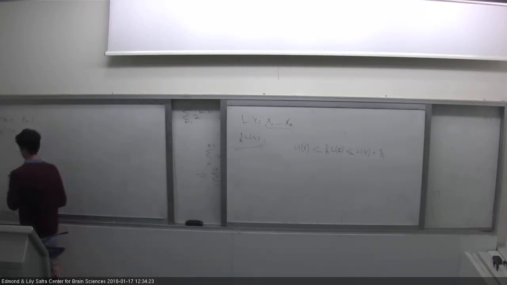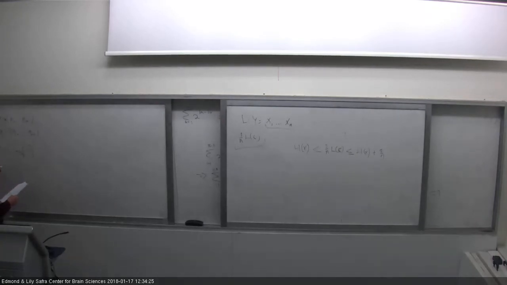So let's see. What is the expected length? Let's try to find the lower and upper bound for the expected length. So the expected length, right, is just the sum over all the possible values of Pi times the rounding of log of 1 over Qi. Okay?